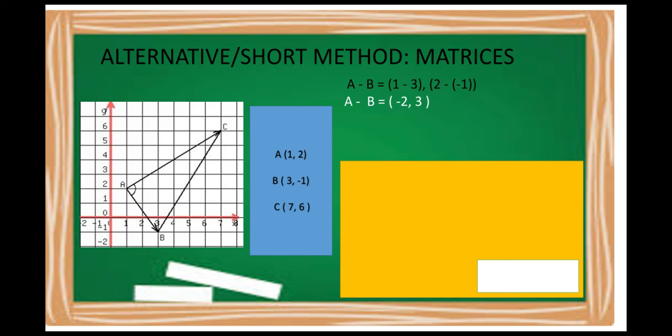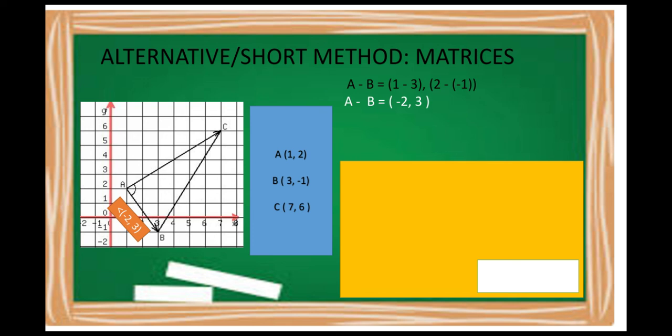To simplify this one, it will give you negative 2, 3, since 1 minus 3 is negative 2, and then 2 minus negative 1 is positive 3. So that is the vector of the points A and B.